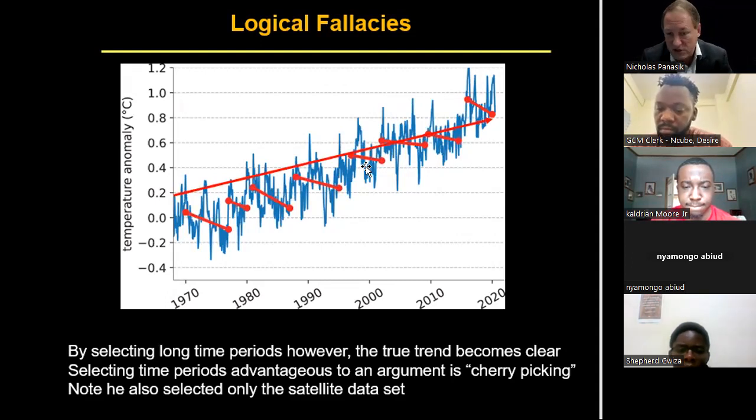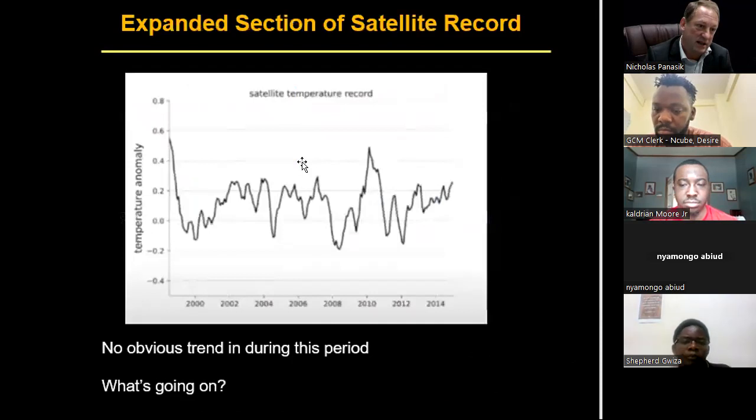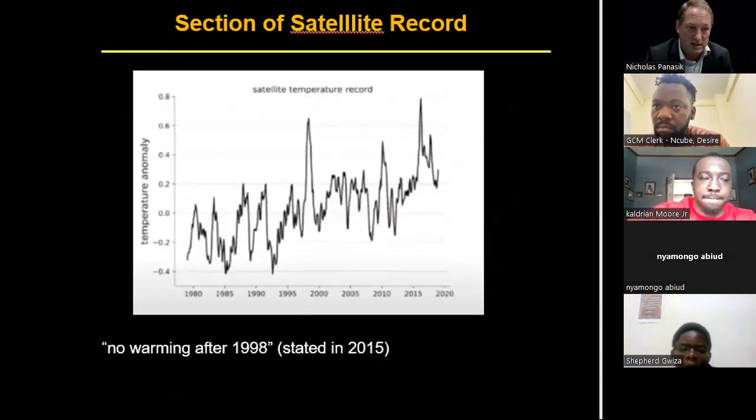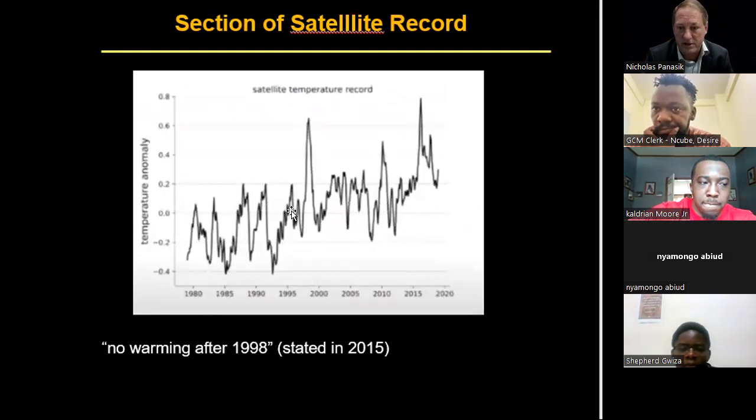But one of the things that's also interesting, besides picking that specific date, is that if we go back to that original satellite record, by picking this date here and this date over here, which is where we were at, we saw really little.